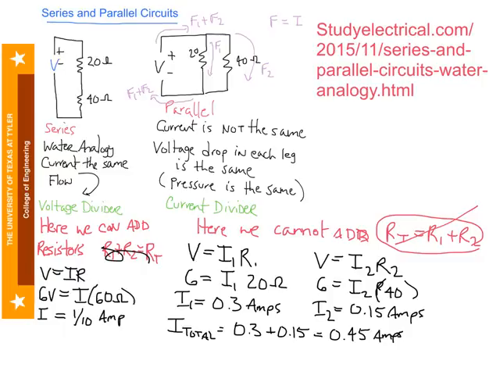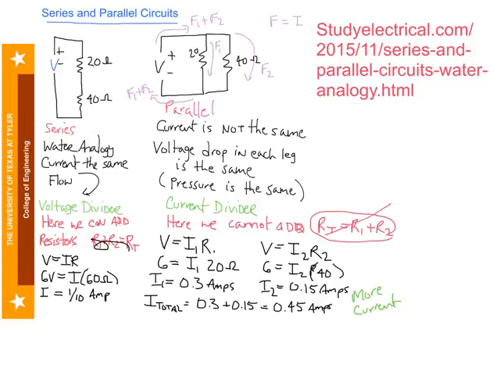So first of all, we can see that the parallel circuit is drawing more current. And second of all, I can calculate now the total resistance, the equivalent resistance of that parallel circuit, right? What does this mean in an equivalent sense? V equals I total R. I'm going to use equivalent instead of R total, but basically it means the same thing.